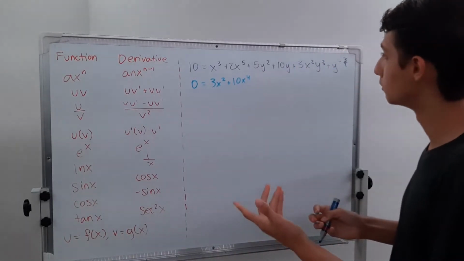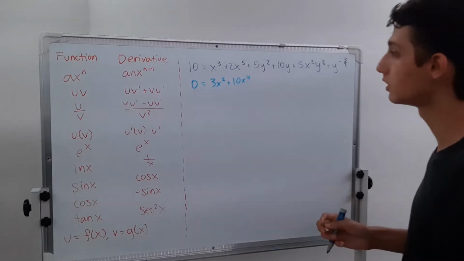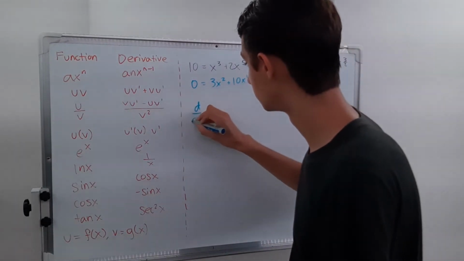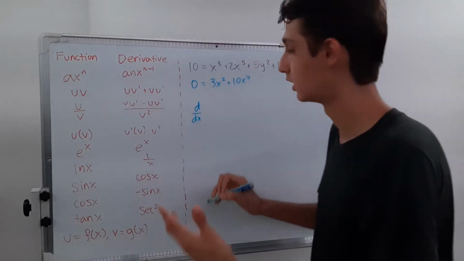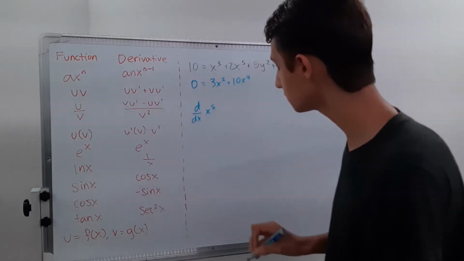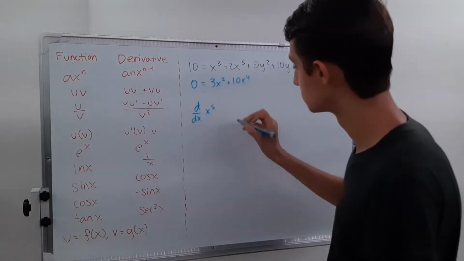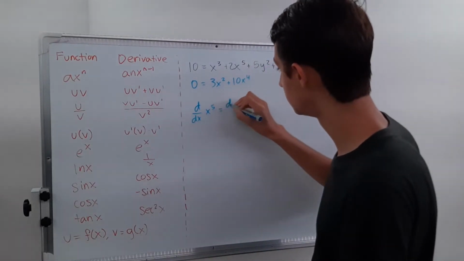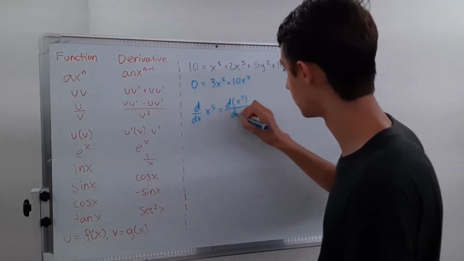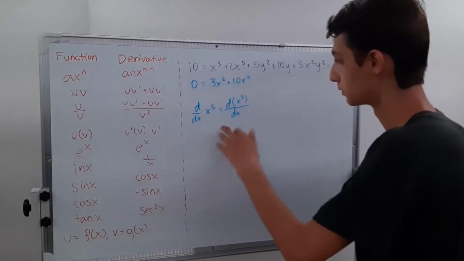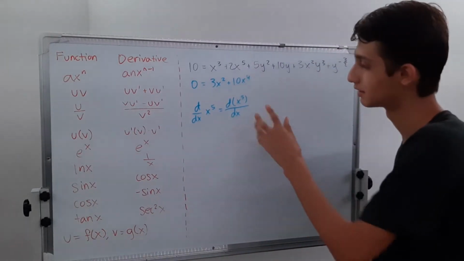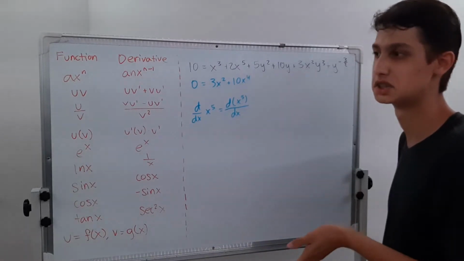Well, basically, when we take the derivative, I already showed you in the last episode that this is the notation. d dx of x to the fifth. What we can do is rewrite this as d of x to the fifth divided by dx. Basically the derivative of this with respect to x. It doesn't necessarily mean division.